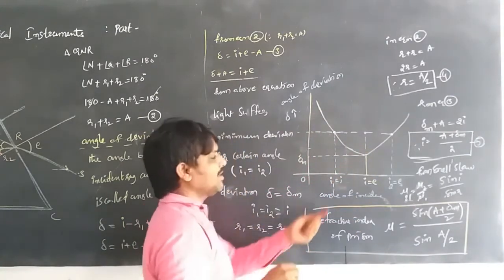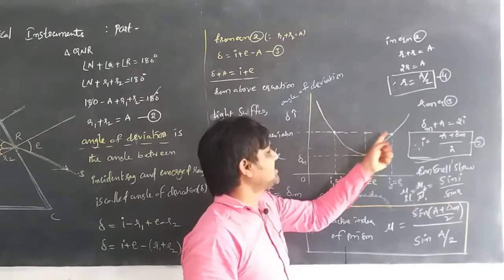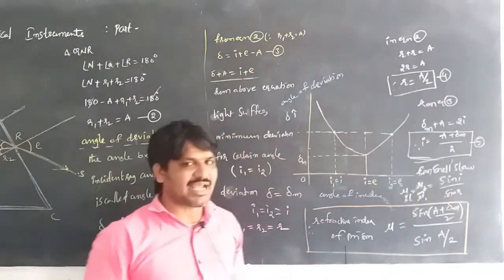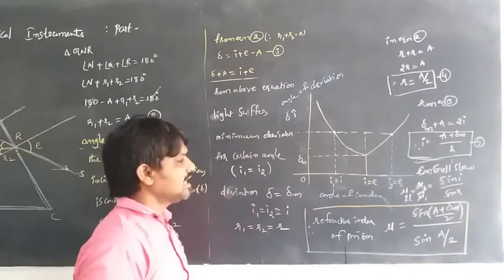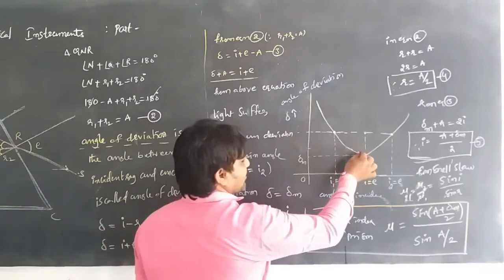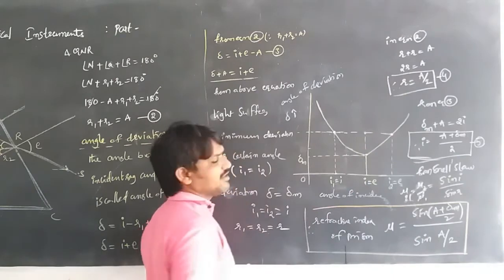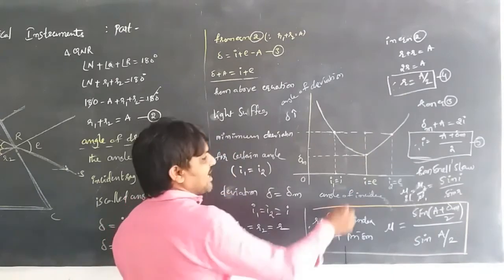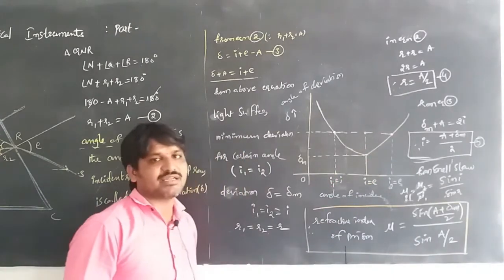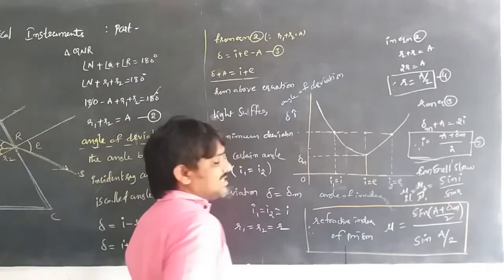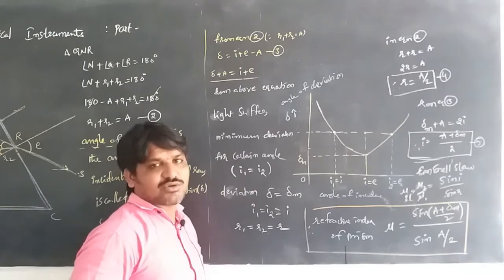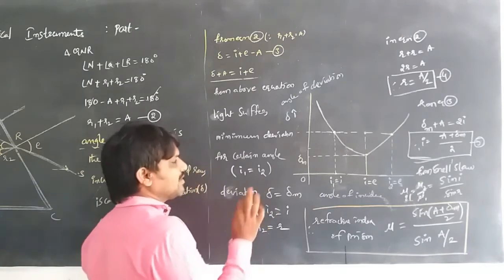At a certain point, the angle of incidence and the angle of emergence are both the same, and the light suffers the minimum deviation. That angle of deviation is called the angle of minimum deviation.